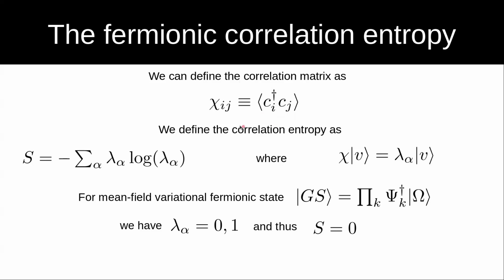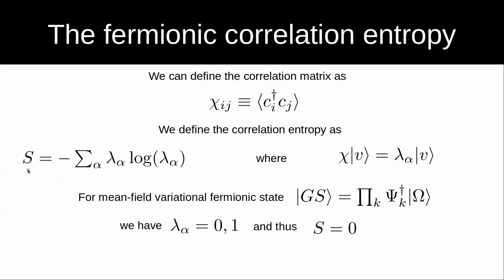And once you have something whose eigenvalues are 0 and 1, you can try to define a quantity that tells you how much you depart from that condition, that is an entropy. So you can take this matrix, compute the eigenvalues, and compute the entropy associated to those eigenvalues with the usual definition of an entropy. And when you compute this object, you can effectively know if your original wave function was a Slater determinant of product states.